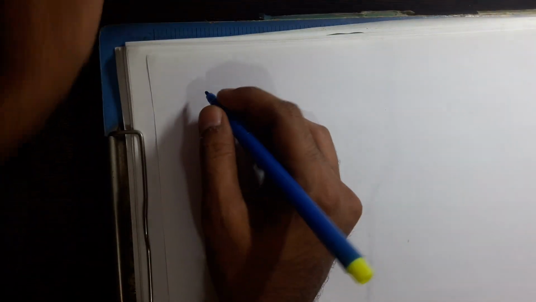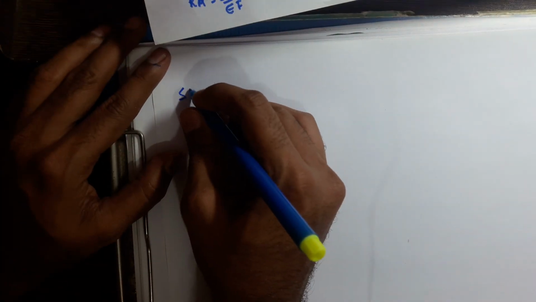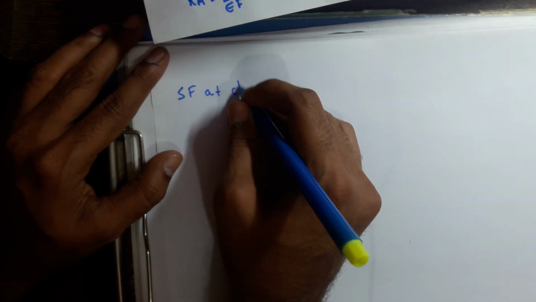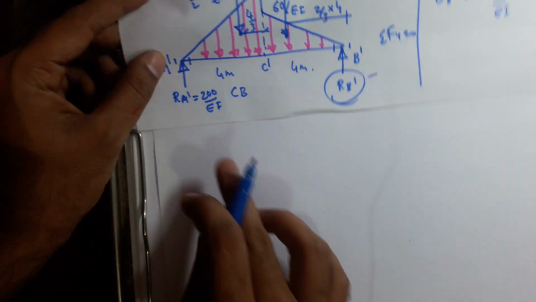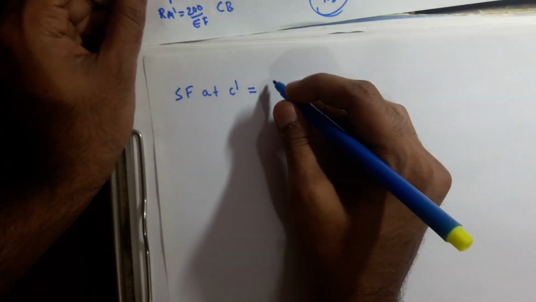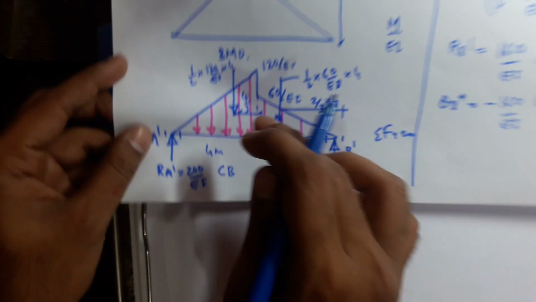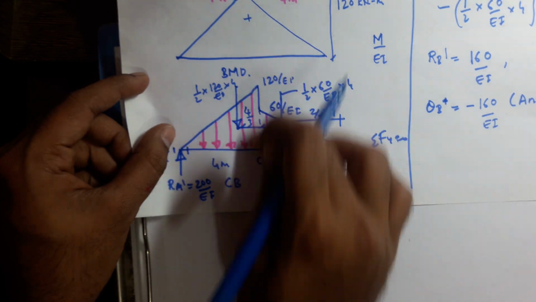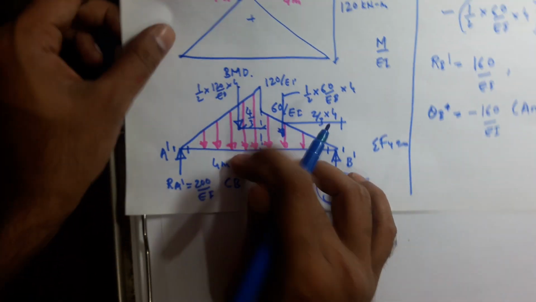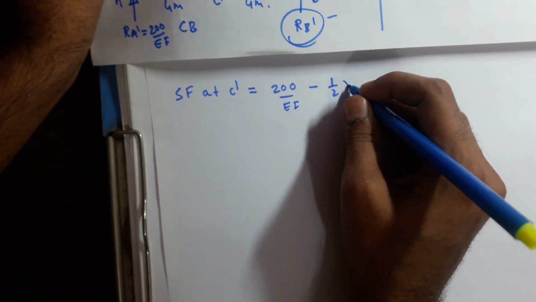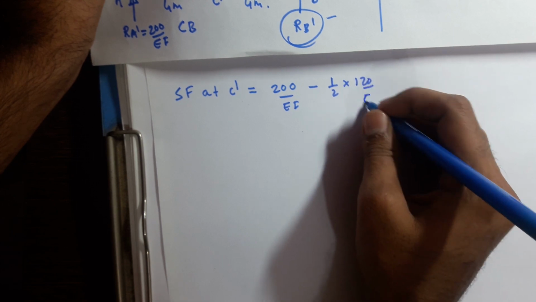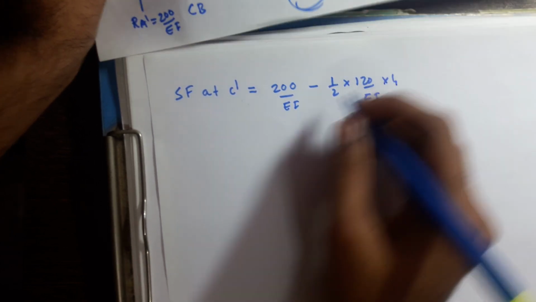So you find here shear force at C dash equals to RA dash going upward, 200 by EI, minus the total load of this triangle going downward, minus half into 120 by EI into 4.